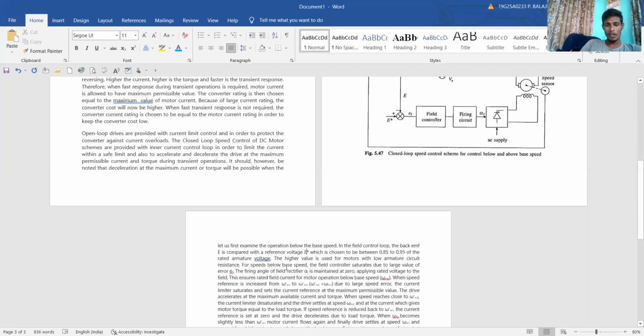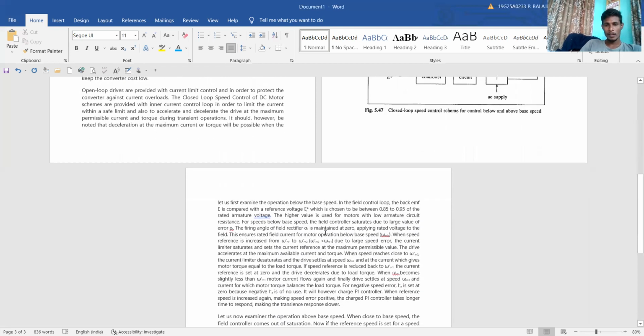For speed below base speed, the field controller saturates due to large value of error. The firing angle of the field converter is maintained at zero, applying rated voltage to the field and ensuring rated field current for motor operation below base speed.